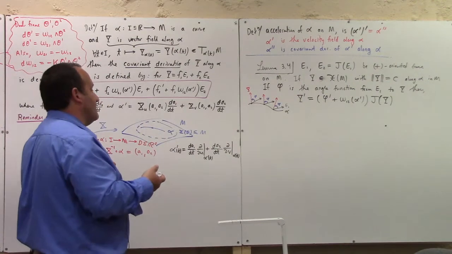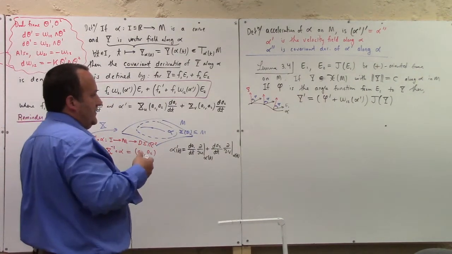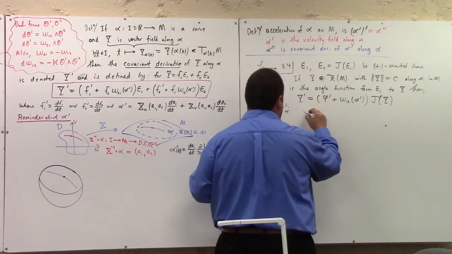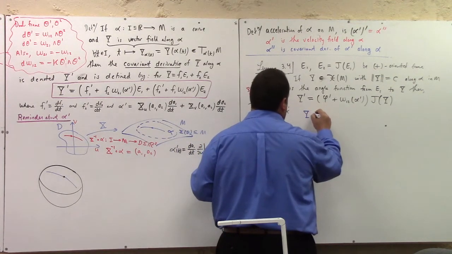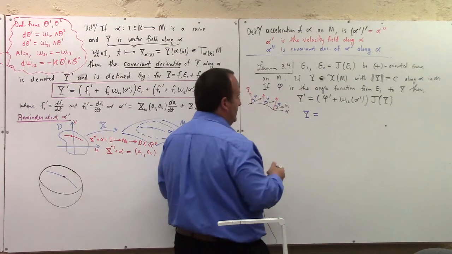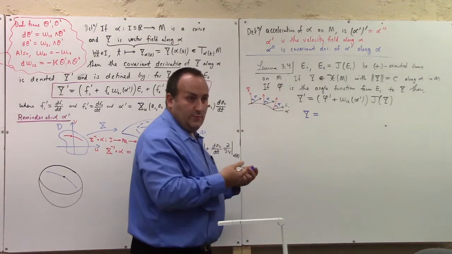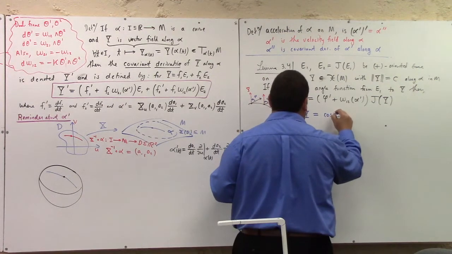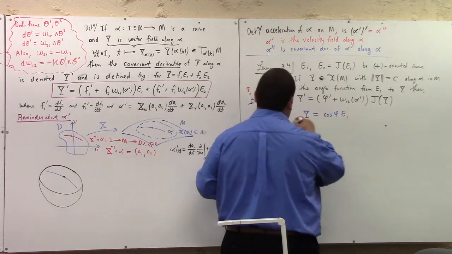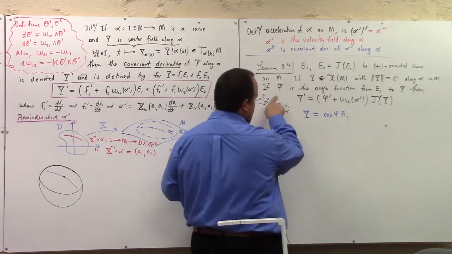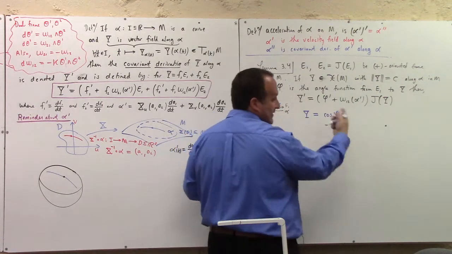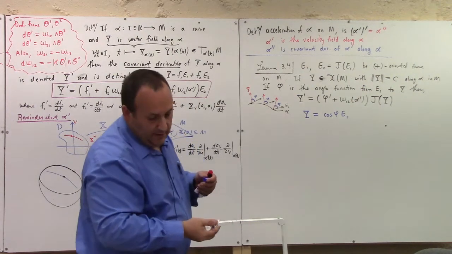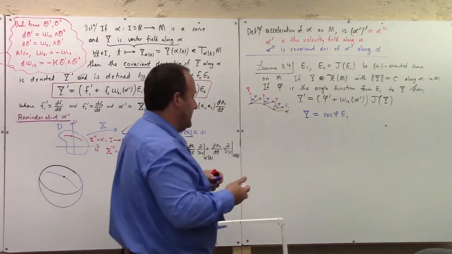The formula for Y in terms of the angle function and E1 and E2 is as follows. It's cosine phi E1, because that's the part of Y which is in the E1 direction, and then plus sine phi E2.